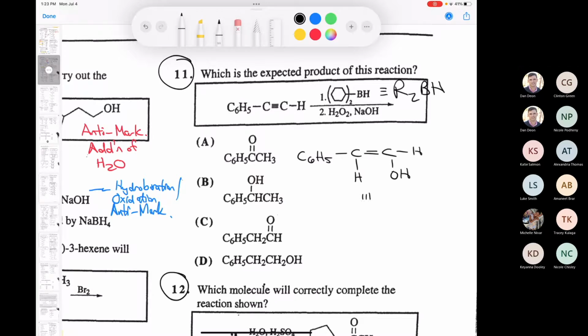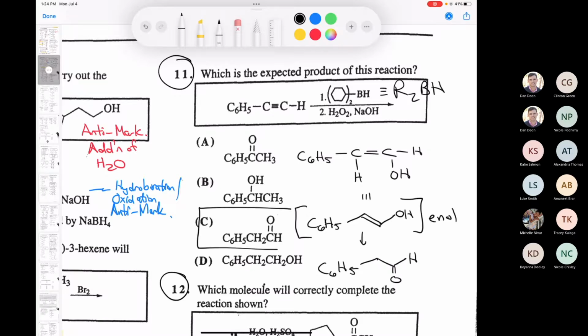Now what I've drawn here is the same thing as this: C6H5, the double bond like this. But we know that this is an enol. And an enol that's terminal like this is going to undergo tautomerization and give you C6H5, and then you're going to have an aldehyde like this, which is this compound here.